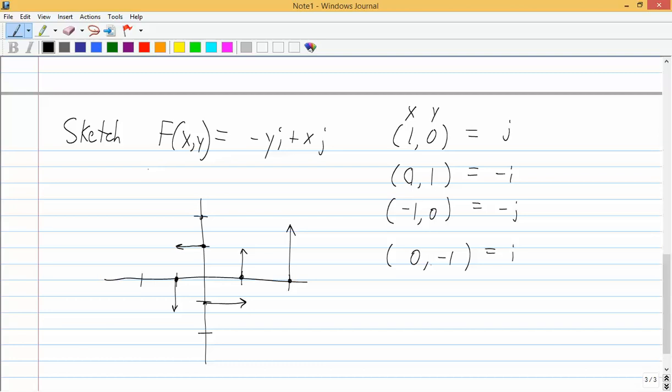Up here it would look like that. Over here it would look like that. Over here it would look like that. Yeah, that's not really what I was going for, but yeah.